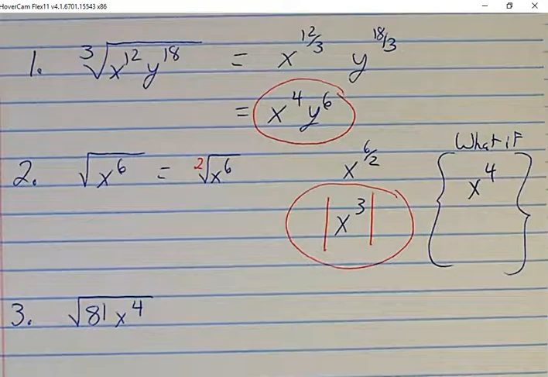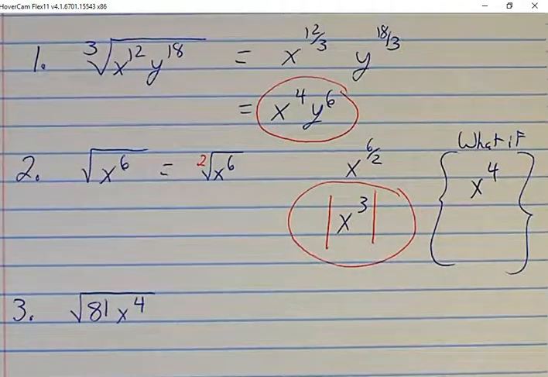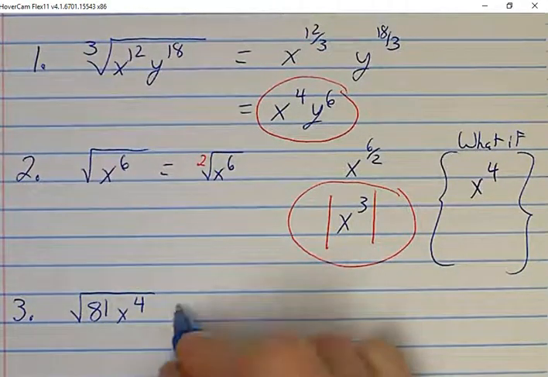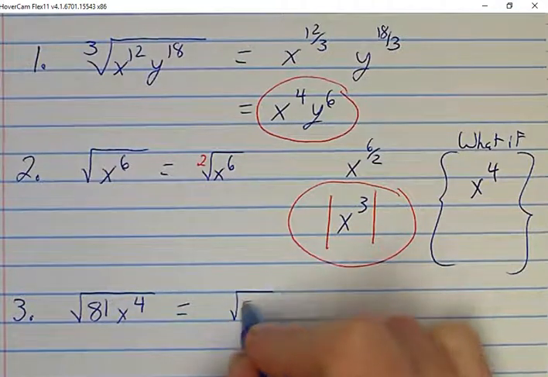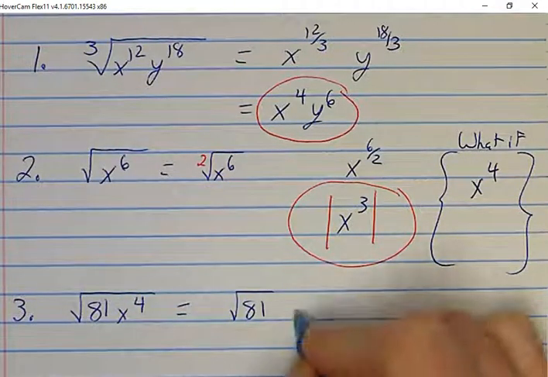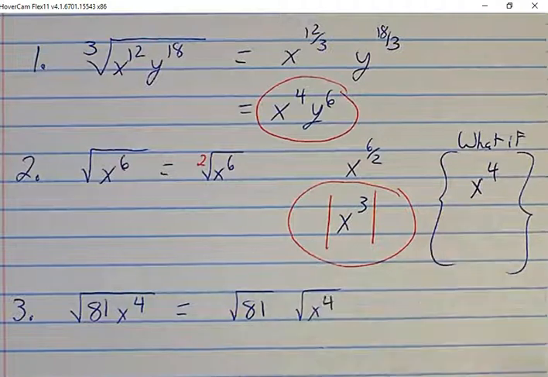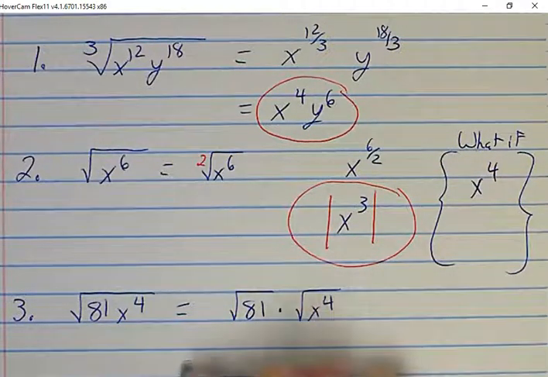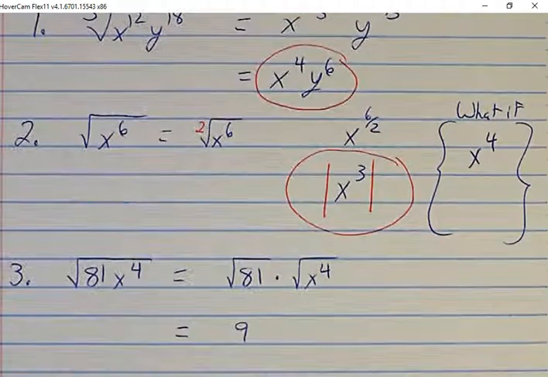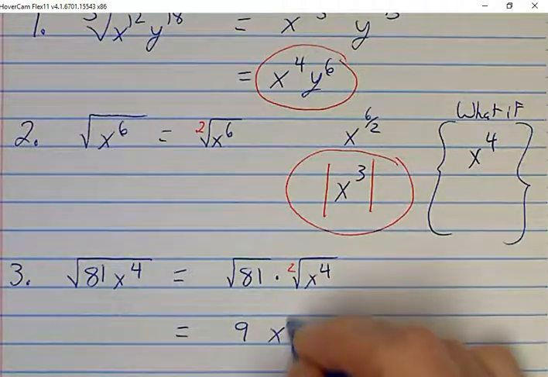And for this problem, we'll do a variable and a number in the radicand. For that one, we'll break it up into 2 parts. We're going to do the square root of 81, and the square root of x to the 4th. Square root of 81 is 9. Square root of x to the 4th, dividing that by 2, 4 divided by 2 is x squared.